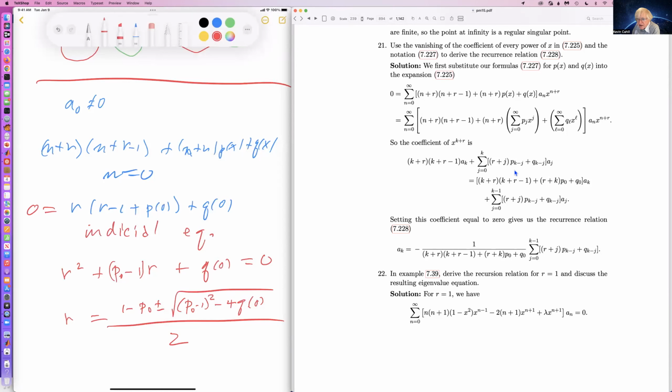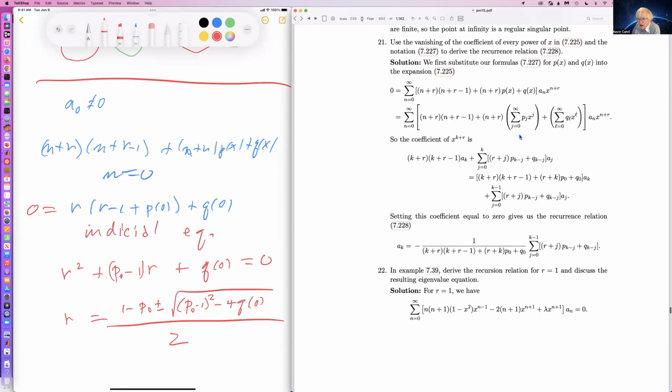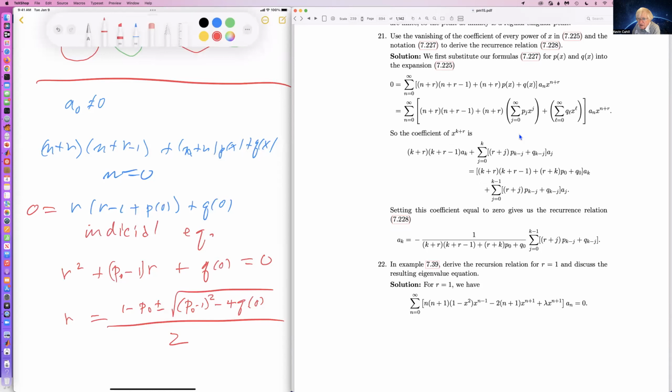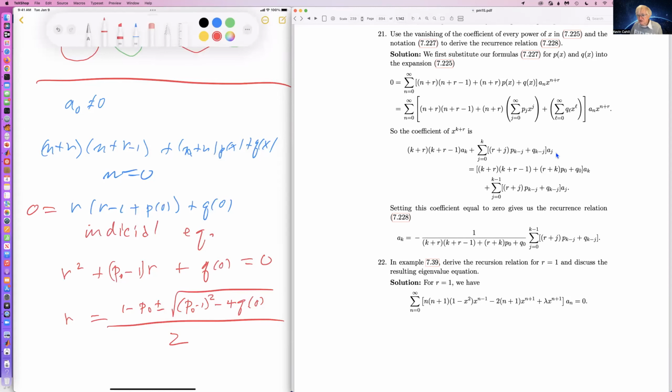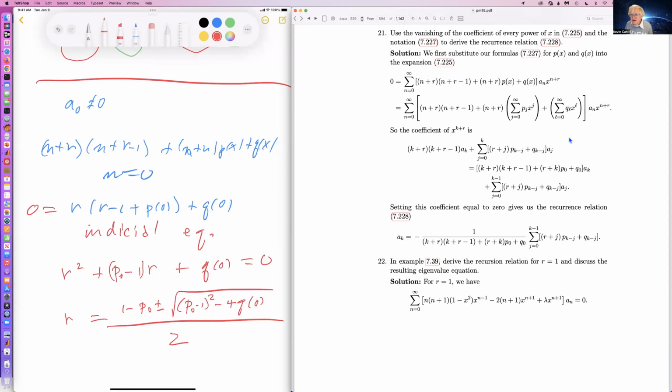And so we get here this sum, well, setting n equal to k, we have k plus r minus 1 times a sub k. And then we have this term, all these various a_j's.